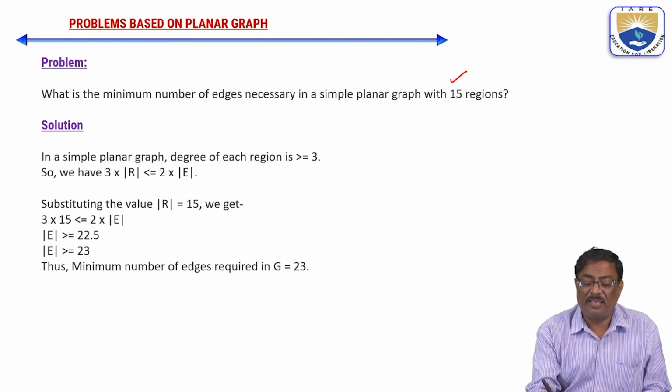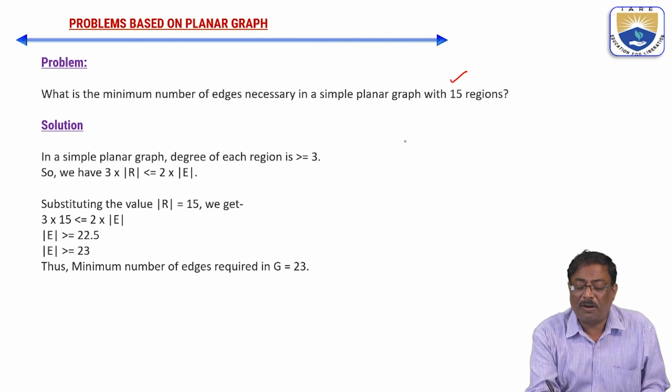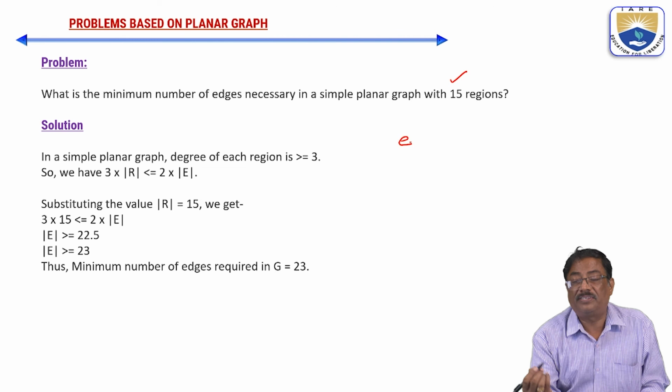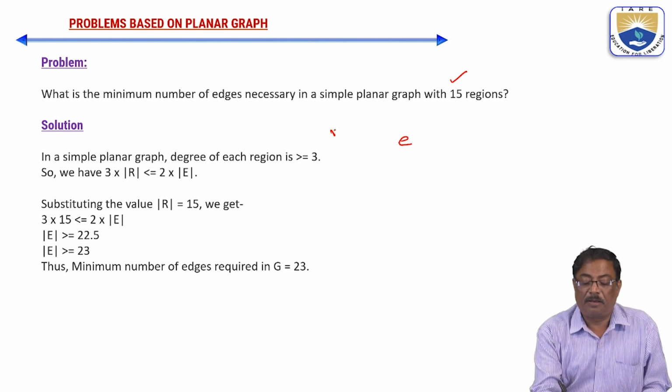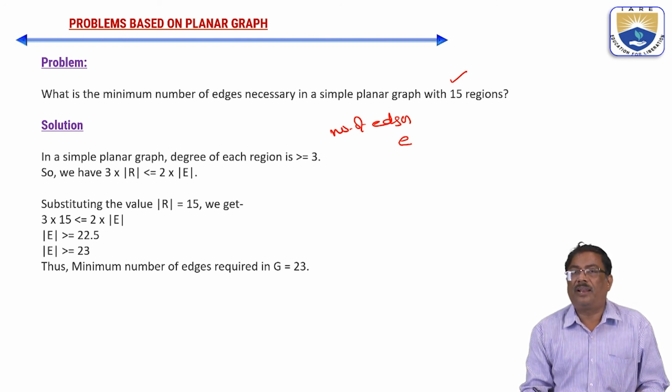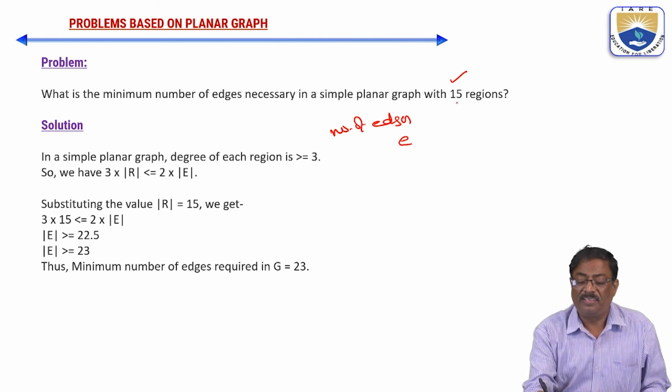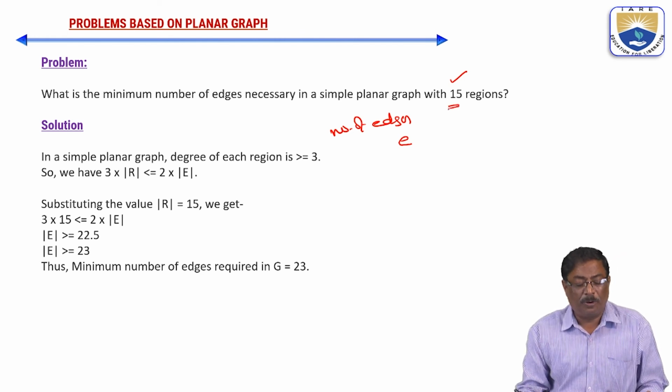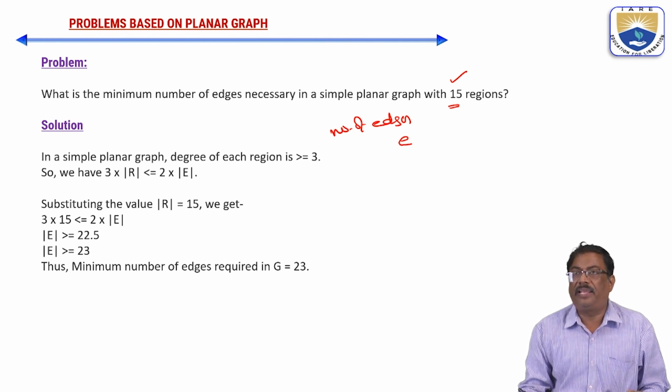Once again, in the same way, let us assume the number of edges is E. There are 15 regions, and it is a simple planar graph, so each and every region is formed with degree 3.